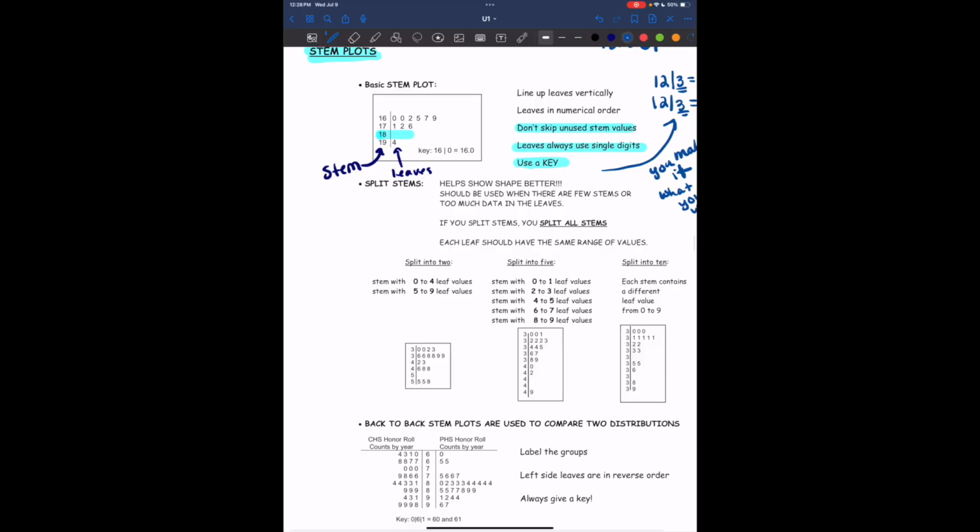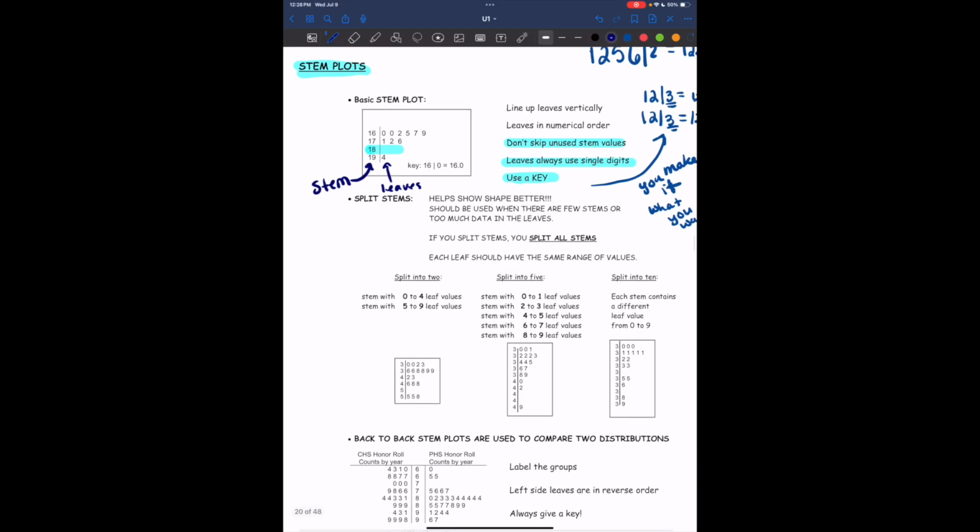A cool thing about these is you can split the keys, or the leaves, or the stems, how you want them to.